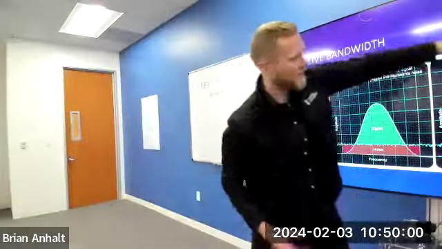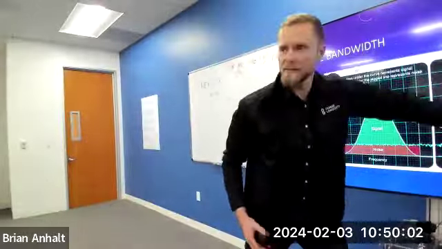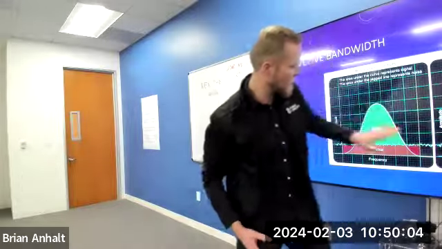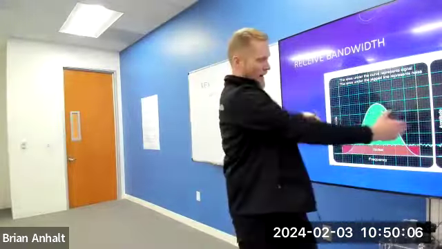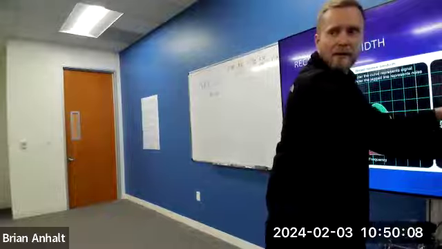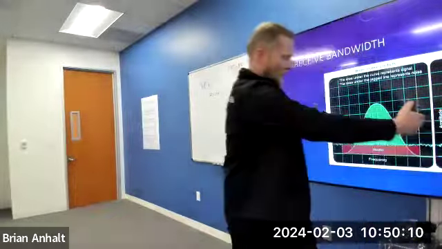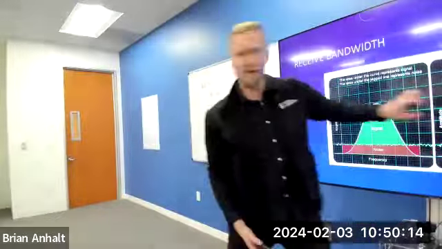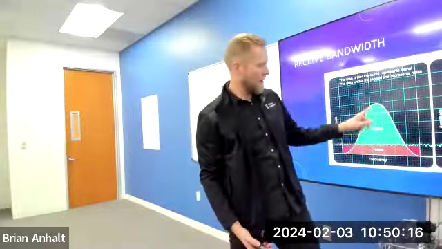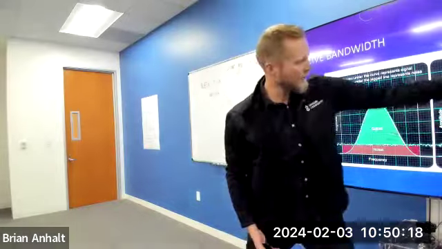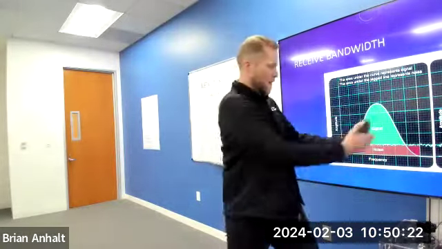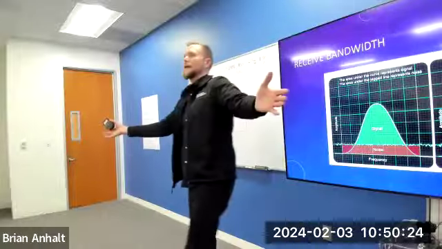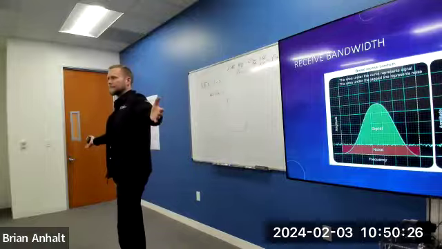We're just squeezing all the signal into fewer frequencies, but it's still the same amount of signal. Wide bandwidth versus narrow bandwidth, right? High bandwidth versus a low bandwidth. So the signal doesn't change. If we were to take the area under this curve right here, it would equal the area under this curve. Having a wider bandwidth is just spreading the signal out over multiple frequencies.